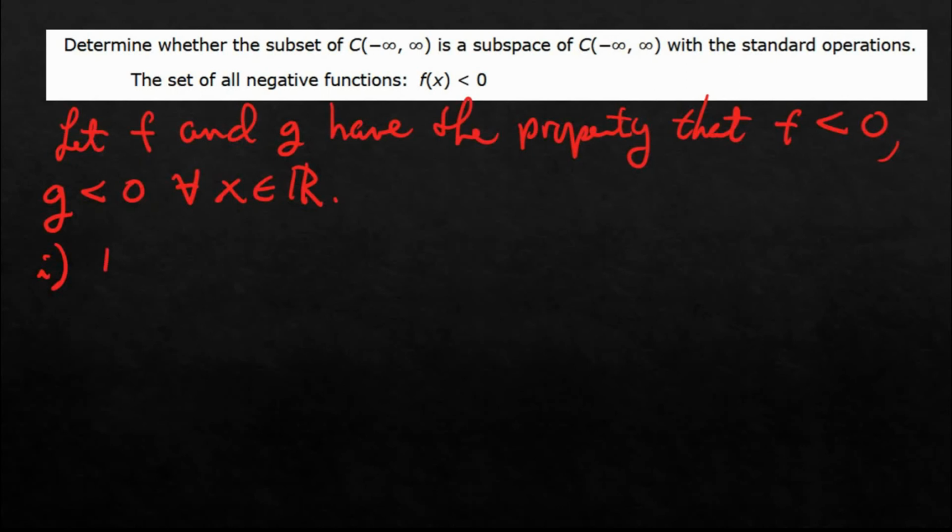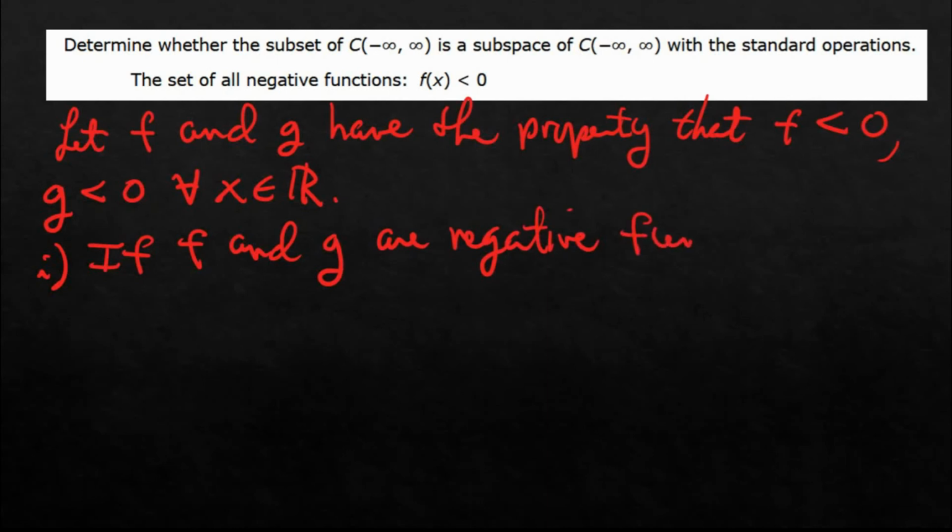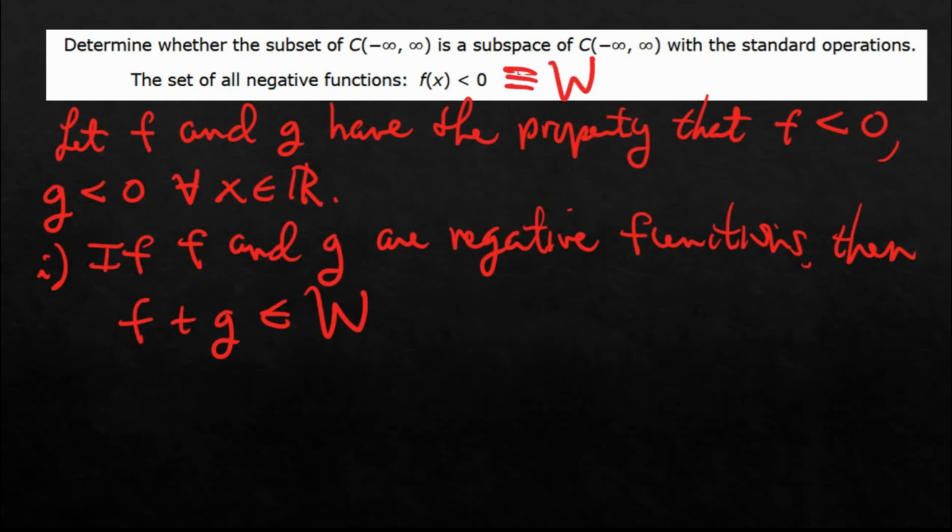So if f and g are negative functions, then f plus g is also, saying W is this particular subset, then f plus g is also negative.